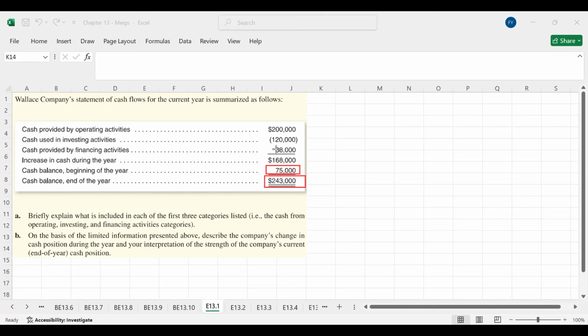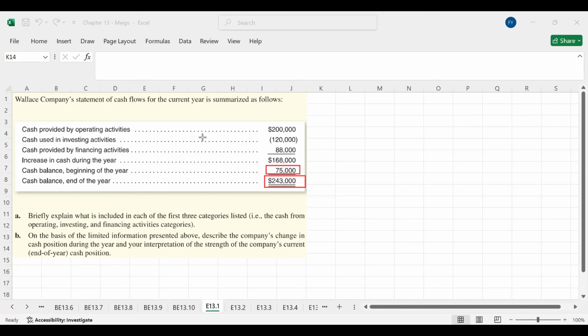So, with the help of this limited information provided in the question, we can say that the overall cash picture is highly good, but it is somewhat speculative or doubtful. It is clear that the company has a much larger cash balance at the end of the year as compared to the beginning balance, which is 75,000, but that increase is tied directly to its success in generating cash flows from its ongoing normal operations.